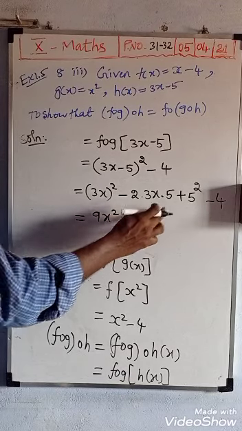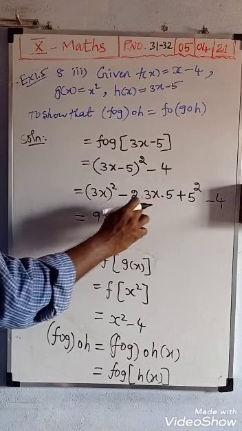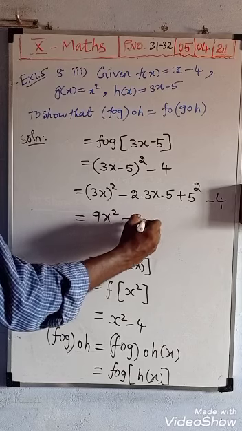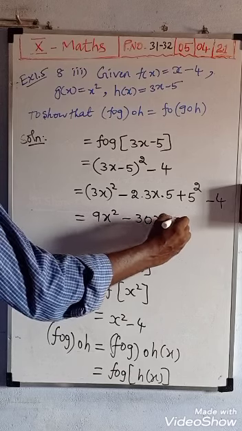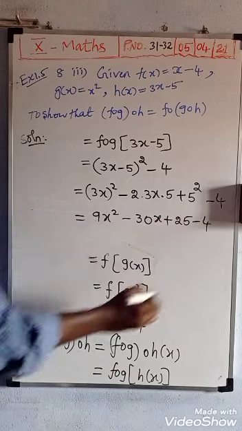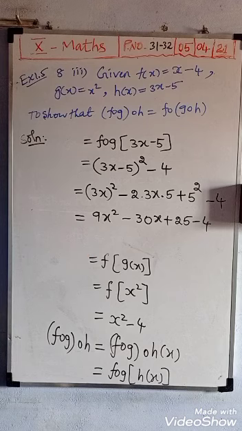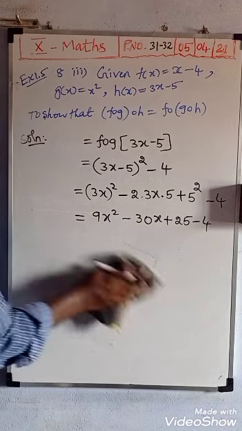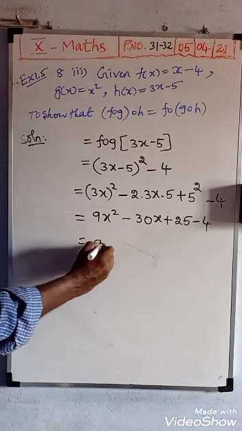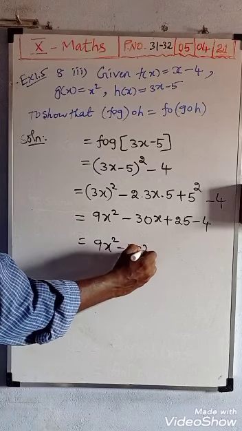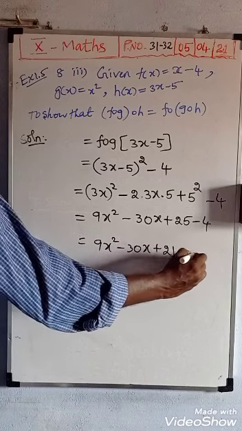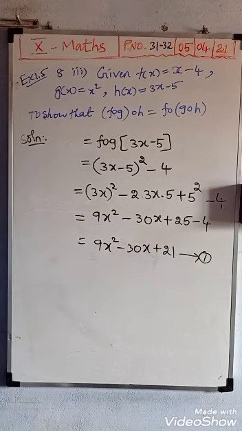Then 9x squared minus, 2 fives are 10, 10 threes are 30, so 30x plus 25 minus 4. Now simplify and write this as equation 1: 9x squared minus 30x plus 21. This is equation 1. Okay, so LHS is over.